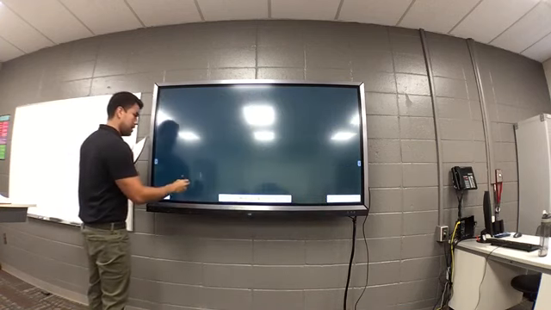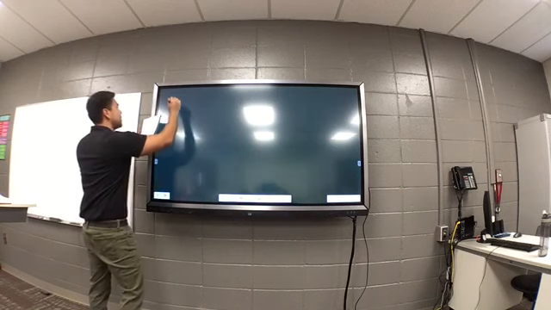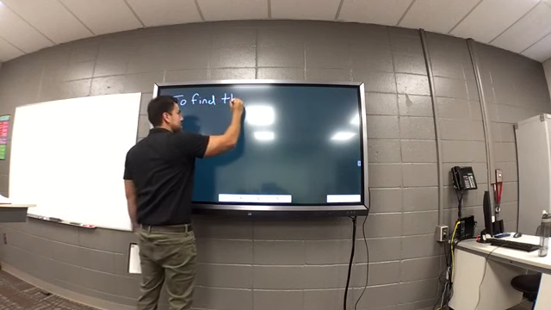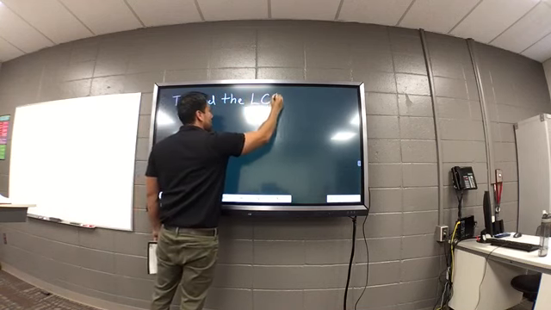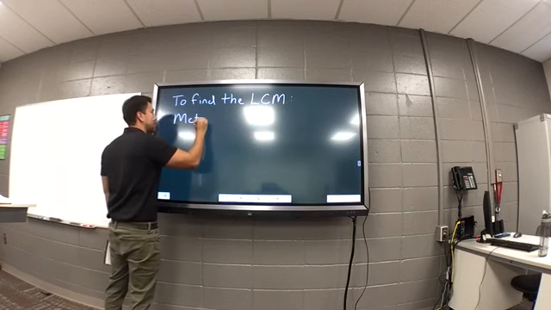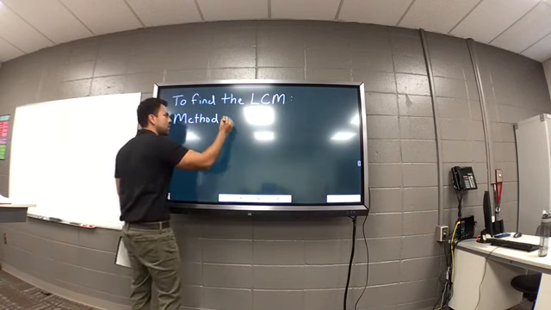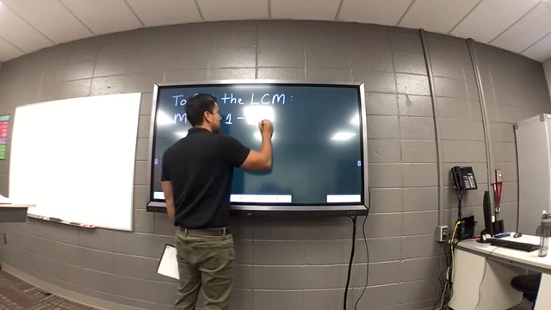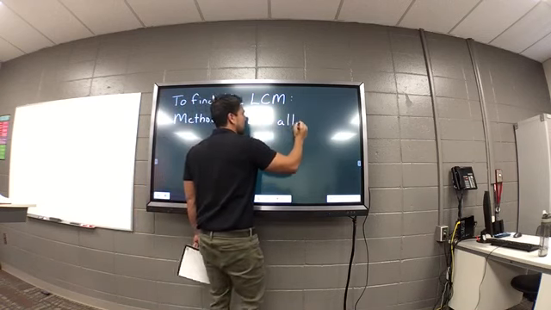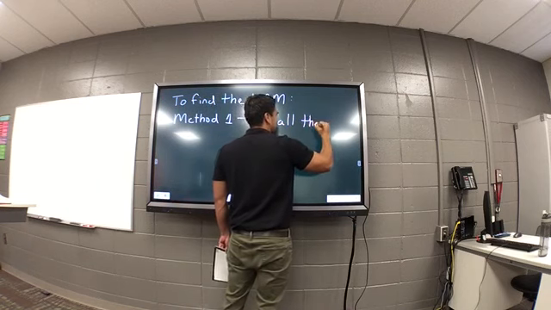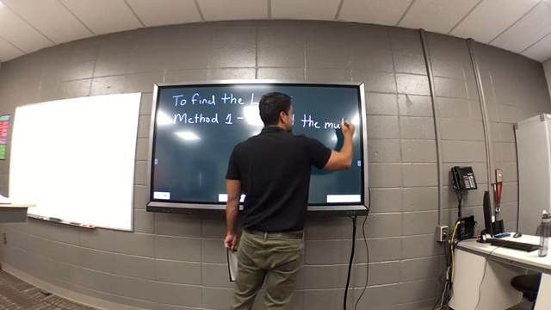Okay, here we have a problem to find the least common multiple, the LCM. We're going to use our first method, and that'll help us to know what multiples even are. So this first method is listing all the multiples, which I will tell you is a hard task to do.